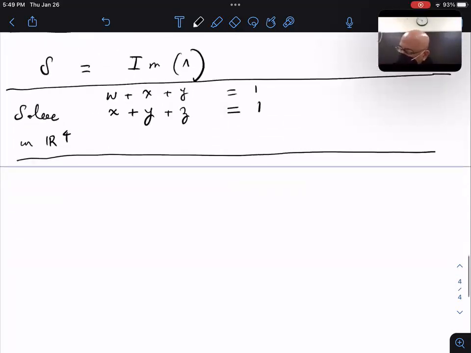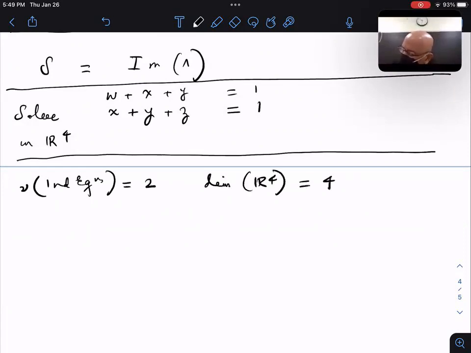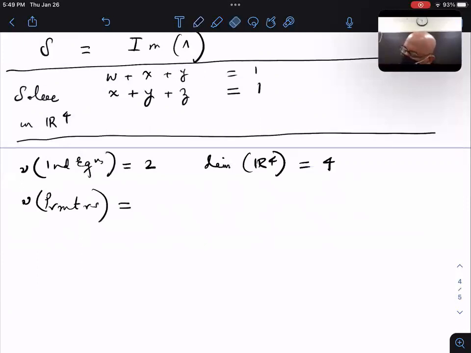Again, as before, the number of independent equations is equal to 2. The dimension of R4 is equal to 4. Therefore, the number of parameters is equal to, oh, sorry.